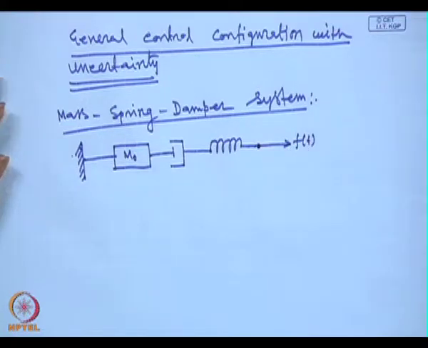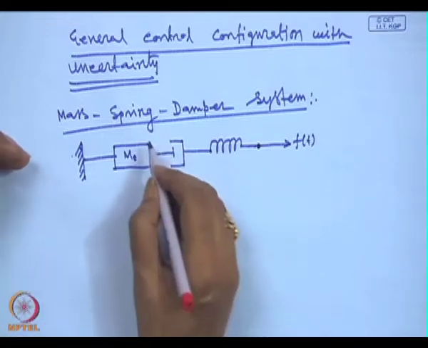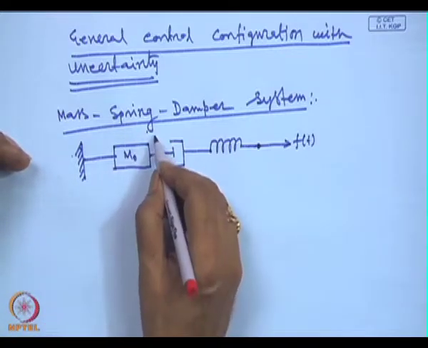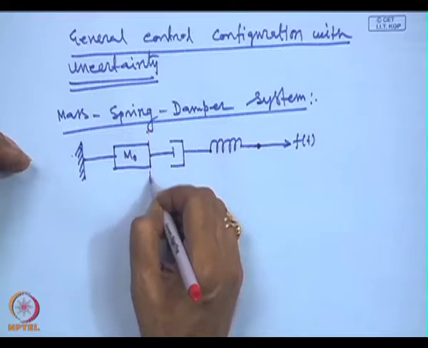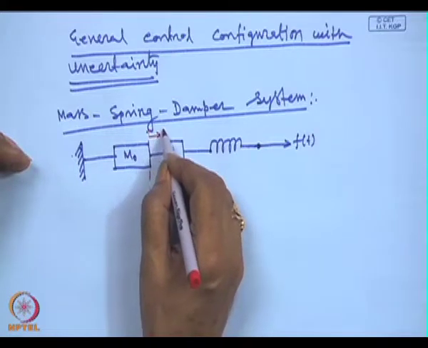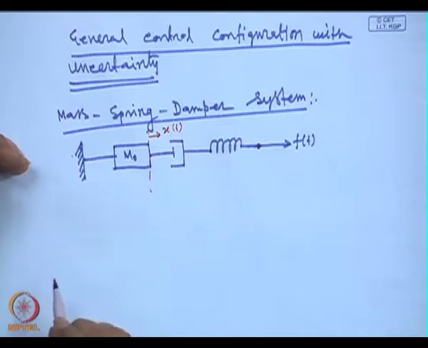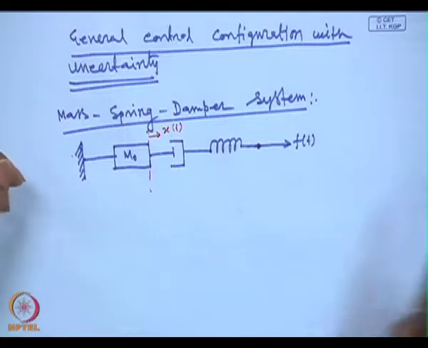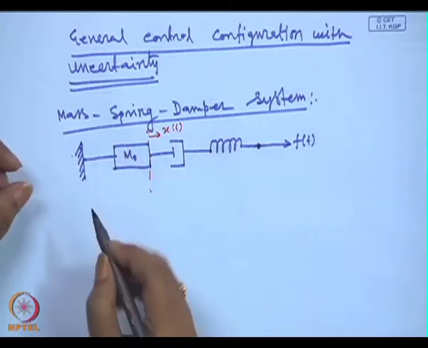From the reference equilibrium position, when a force is applied, the mass is displaced by x of t. Agree? Now, write the dynamic equation of the system.